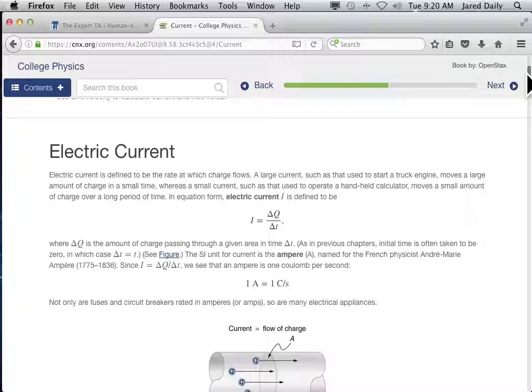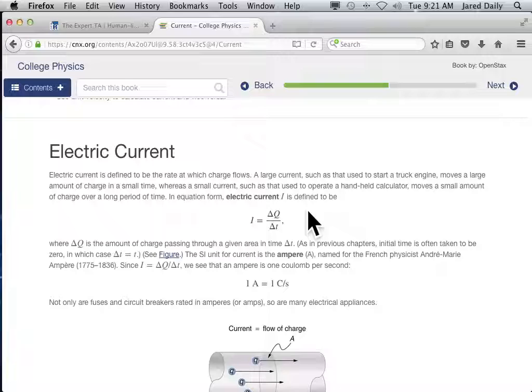What is current anyway? Electrical current is defined as an amount of charge passing through a given area in a given time. So mathematically, we say there's some amount of charge that goes by in some amount of time. We don't explicitly talk about the area in this equation here, but it is implied that that charge is passing some point, through some cross-sectional area, you could think of it like a window.